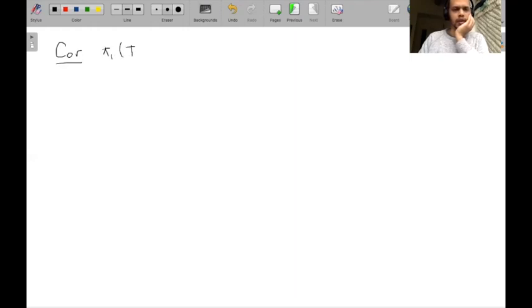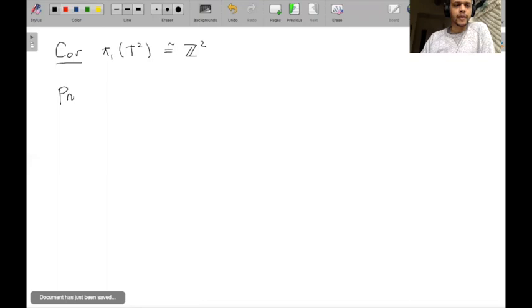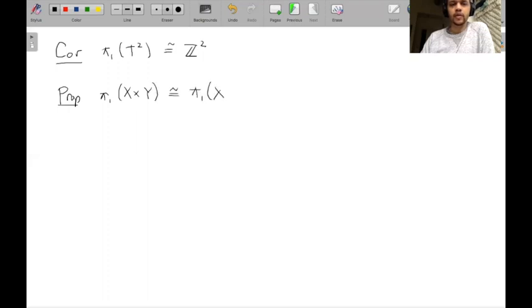So first, another computation we can do now is the fundamental group of the torus is isomorphic to Z squared. This follows from a more general proposition that the fundamental group of a product of spaces is isomorphic to the product of fundamental groups.